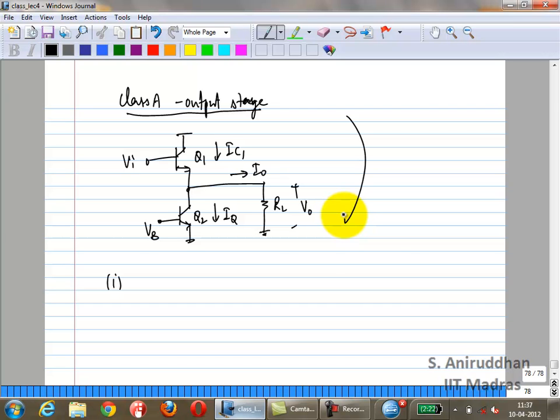How do you find that out? Any ideas? I want to find out some equation relating VO and VI, and preferably only device parameters.